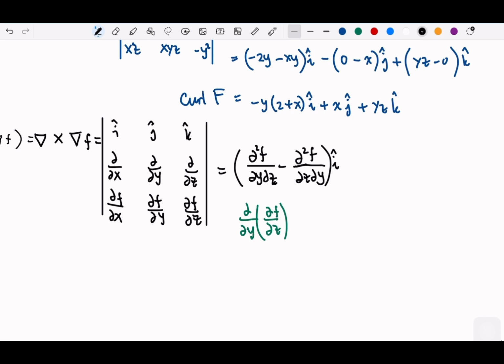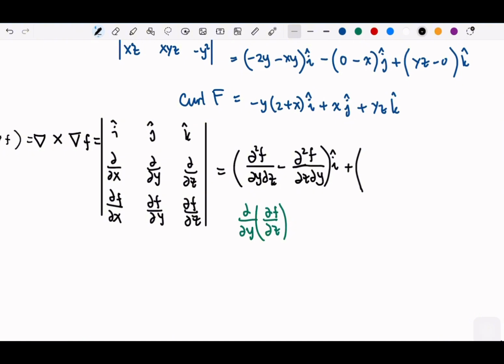Next, we take minus of, or I will write as a plus, and then maybe just minus. For j, it will be ∂x and ∂f... ∂z, right? And then minus ∂z ∂x.